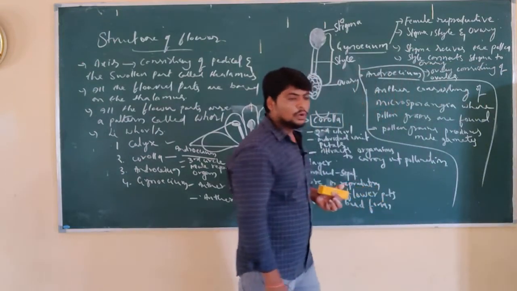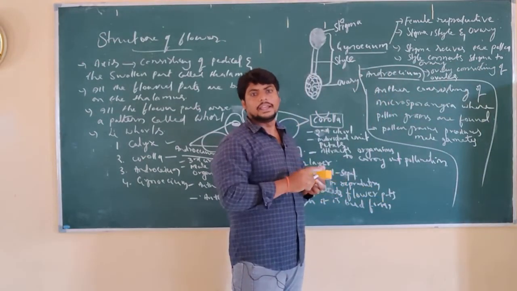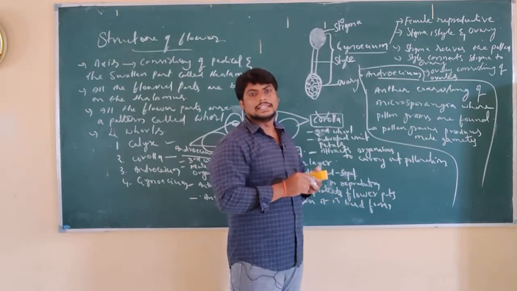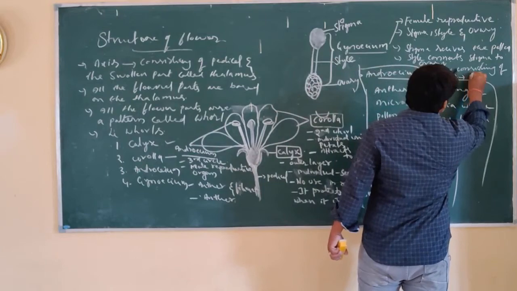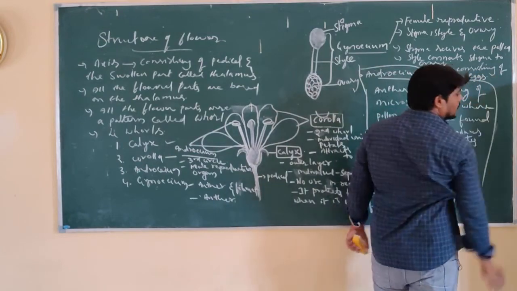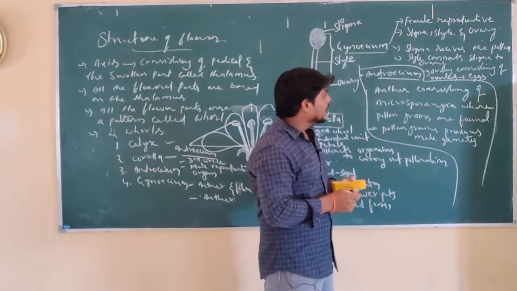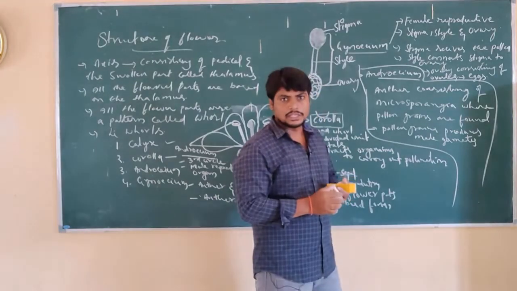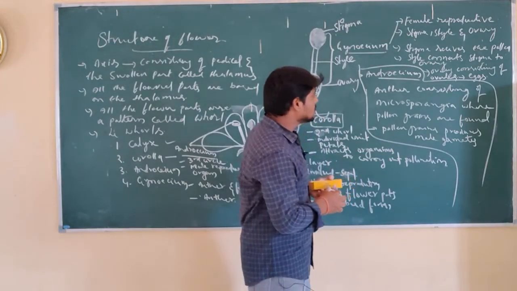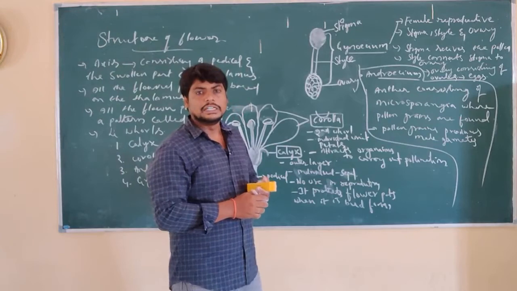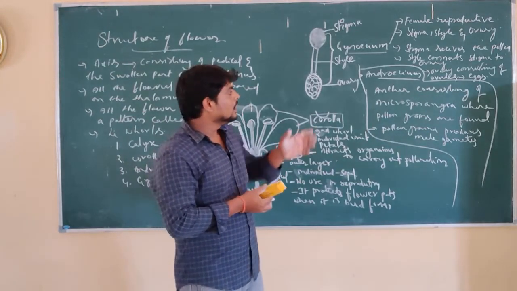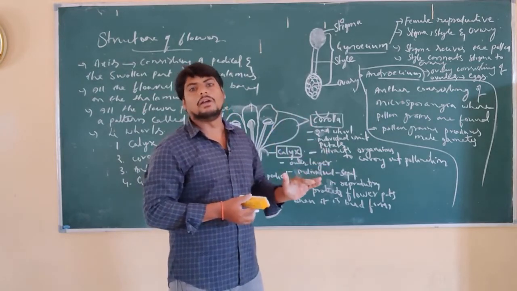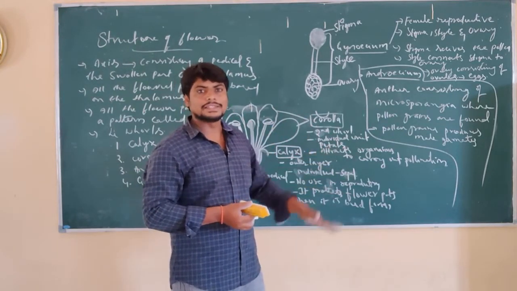And this ovule or ovary, it produces egg cells. Understand? They produce egg cells. And if you observe the structure of ovules, they are made up of different types of cells which are located in the ovule, and that we can call embryo sac. That we will discuss later.